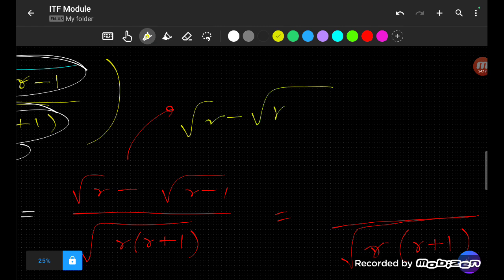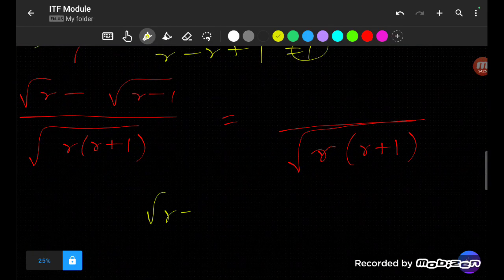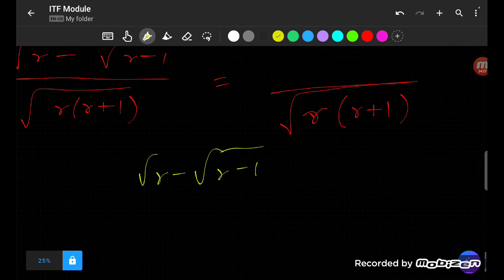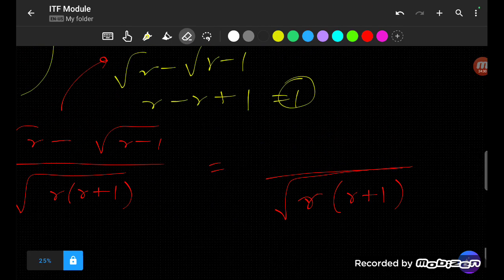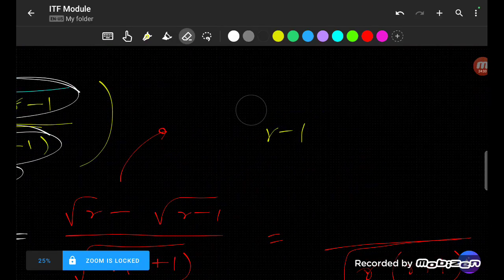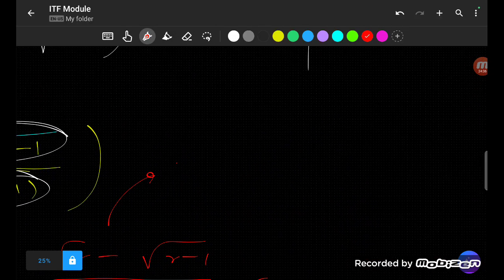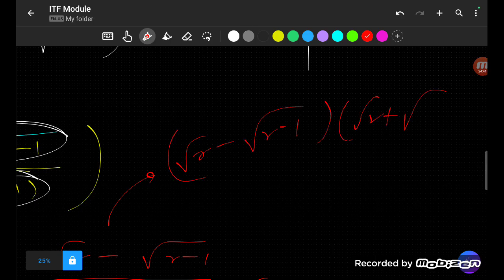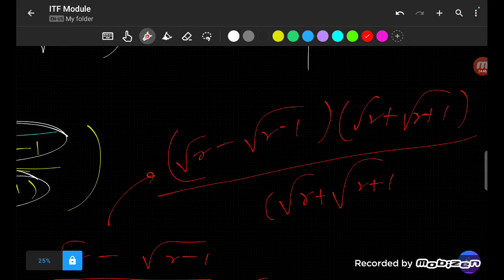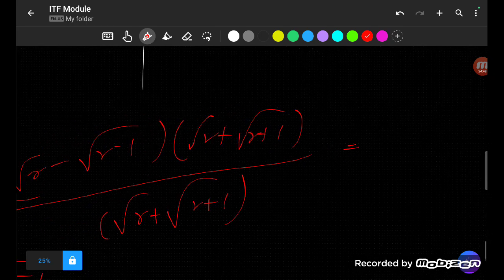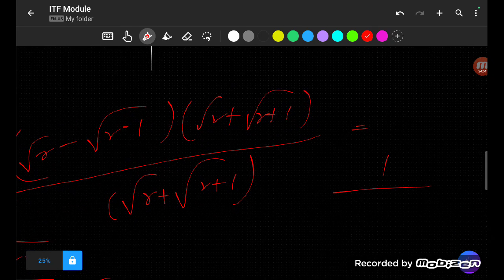Root r minus 1. If I have to square this, it's coming out straight. We just want to keep this here. Then let's go something like this. We have r, so you have 1 upon under root r plus 1.